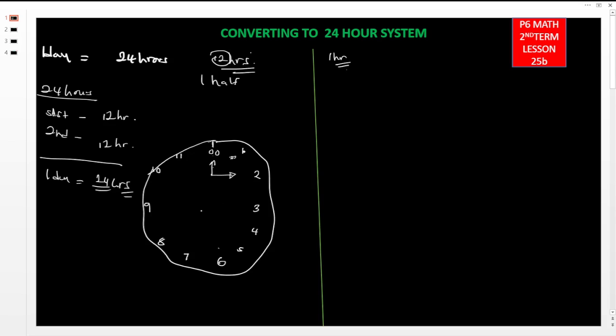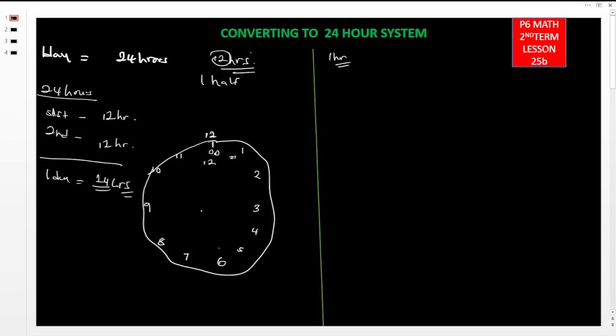Now when we make 1 hour, 2 hours, 3, 4, 5, 6, 7, 8, 9, 10, 11, and when we are here, we make what we call the 12. Are you getting that? This becomes the 12, the first half. Then from 12, our clock will enter the second half.